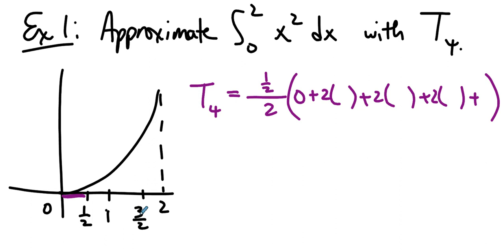We take these x values and stick them into our function. So this y value is 1/2 squared, and this y value is 1 squared, and this y value is 3/2 squared, and this y value is 2 squared. And so you add them all together, and you get 11/4. It's the trapezoidal approximation. If 1 is good, 2 is better.